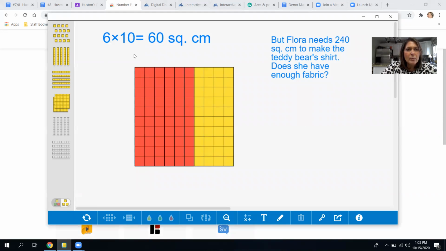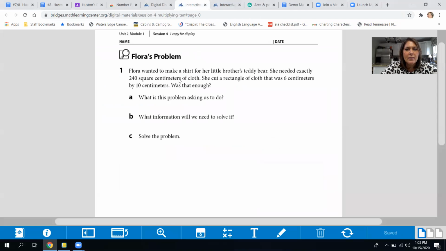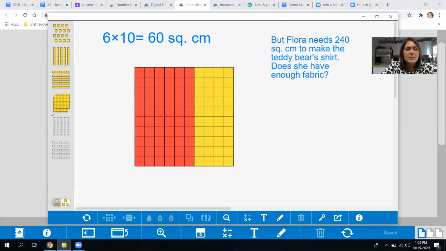And I've got the same problem up here as well. You probably thought to yourself, well, if she cut a rectangle of cloth that was 6 centimeters by 10 centimeters, you probably thought of a base 10 mat like this, and you know that the formula for area is length times width.